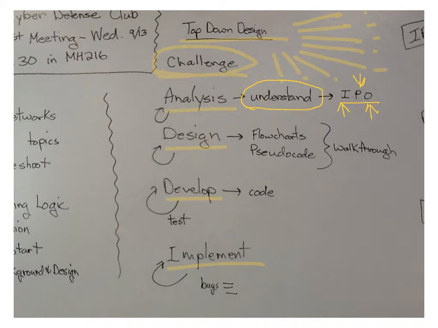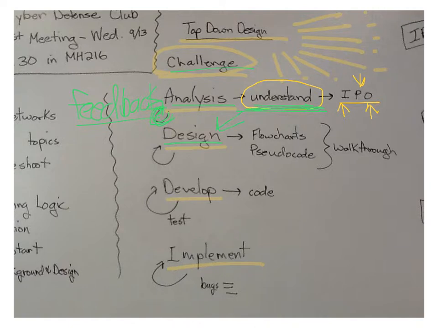This little loop here is feedback. So when you're analyzing the problem, whoever created the challenge for you, you keep looking at it, analyze, do we understand? Keep looking at it, analyze, do we understand? There's no sense designing if you don't understand.